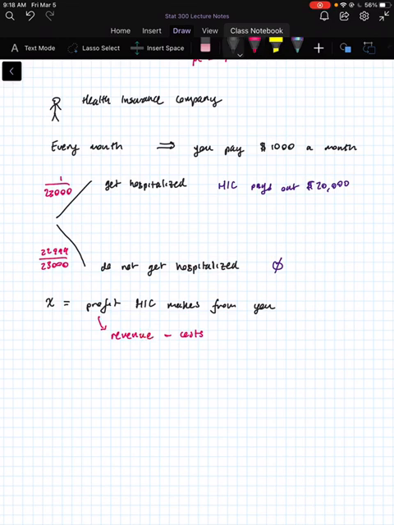And we can organize this information using a modified distribution table. So we have two outcomes again. I'm taking now our probability tree diagram and I'm representing it here. So either you get hospitalized or you don't.